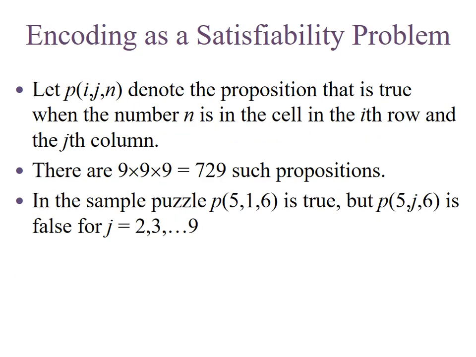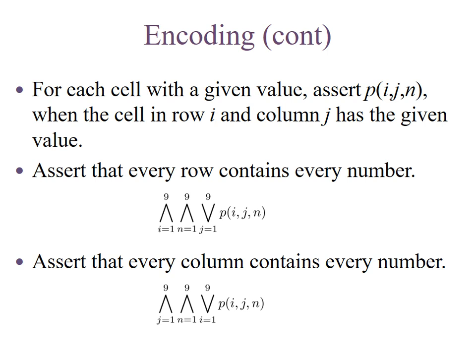As you can see, we are trying to develop a system of propositions for the different positions, such that every row contains every number, every column contains every number, and every cell contains every number.